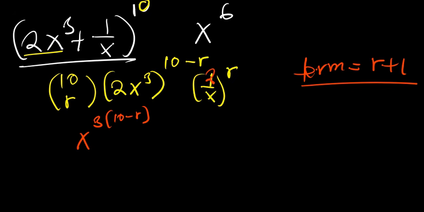Now I'm trying to make the bases the same. So this becomes x to the power negative 1, but because there is r outside, it's negative r. Now I have to equate this to the term I want to find, which is x to the power 6. Who is behind here before I continue?